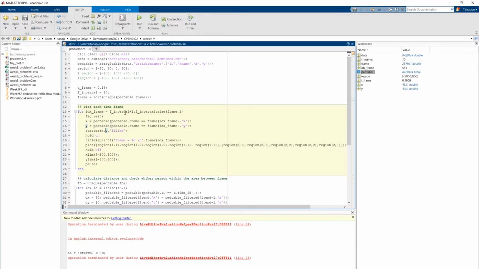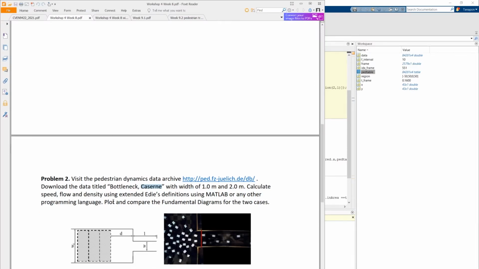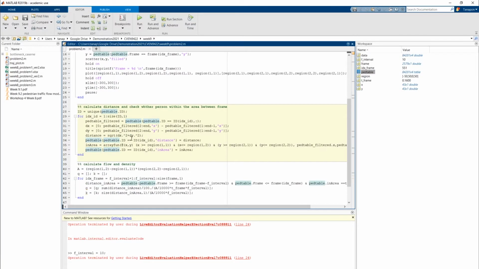It is to just show you the plot of the data overall. But that's not what we're really interested in. We are asked to create a fundamental diagram for two cases. So similar to what we did in the previous example, we can calculate density, speed, and flow from this.